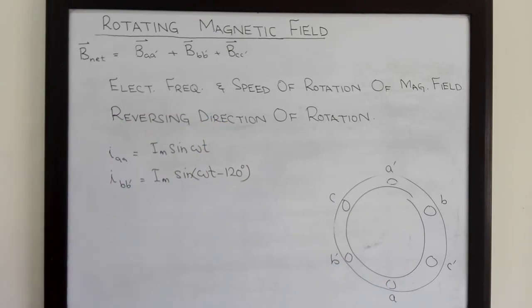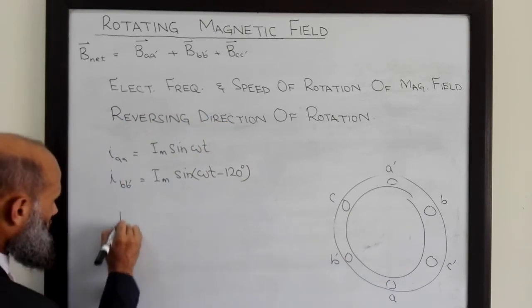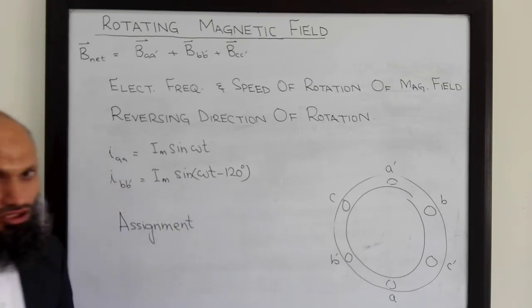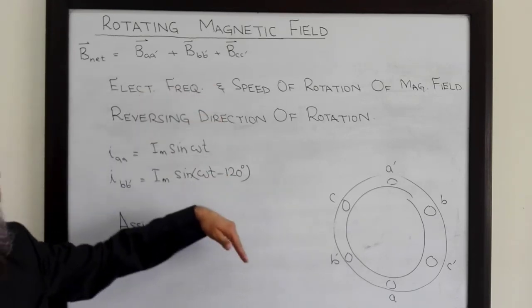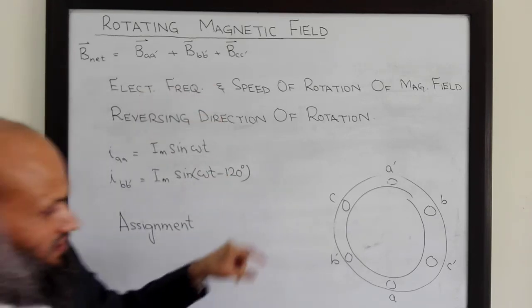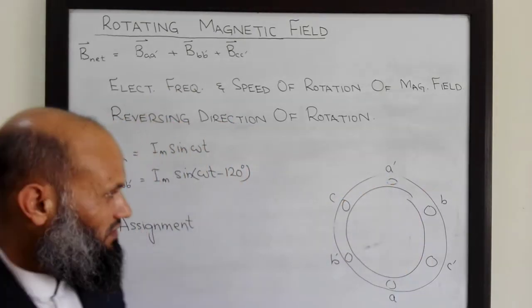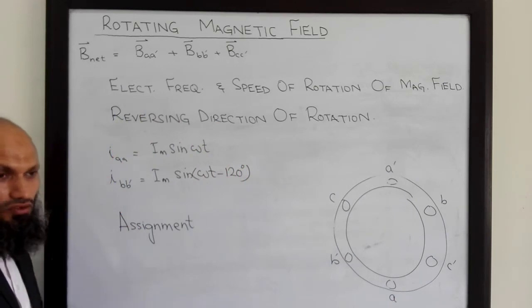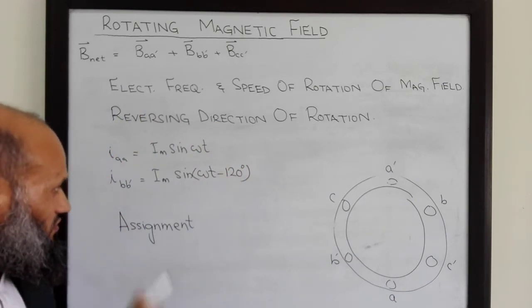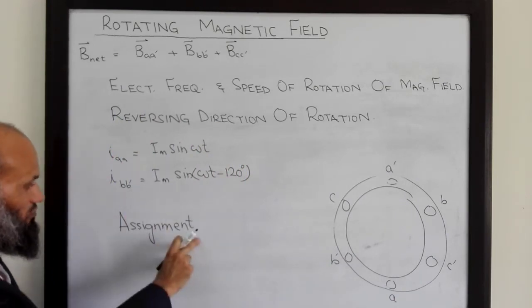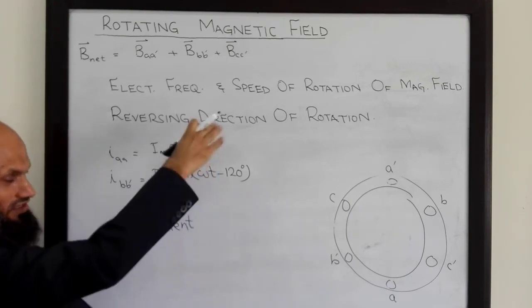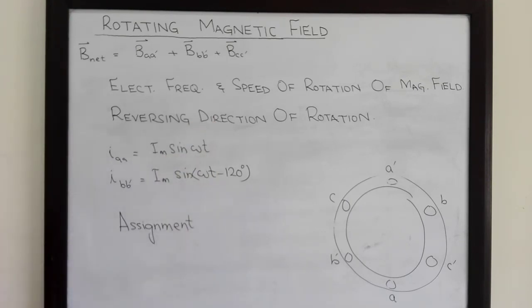So you need to prove this statement, and that is your assignment. Show that by the same analytical procedure, that is, swapping the electrical connections of any two coils, the direction of rotation of the flux density vector will be reversed. That you need to show analytically by the same procedure as we elaborated in today's lecture.